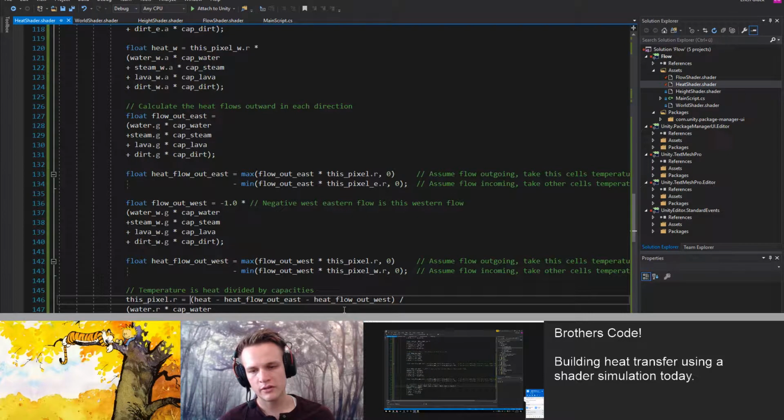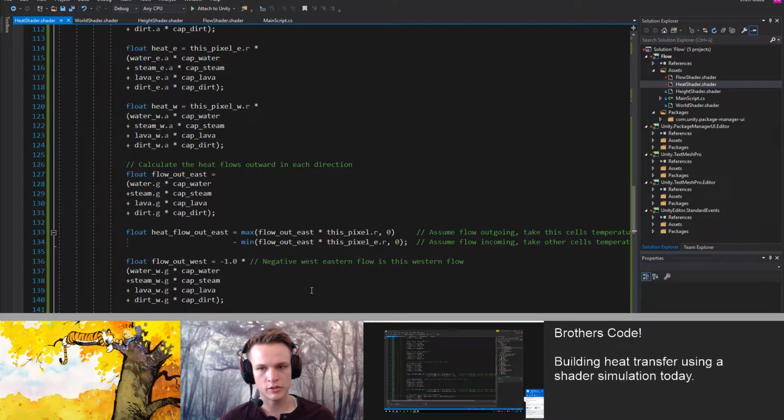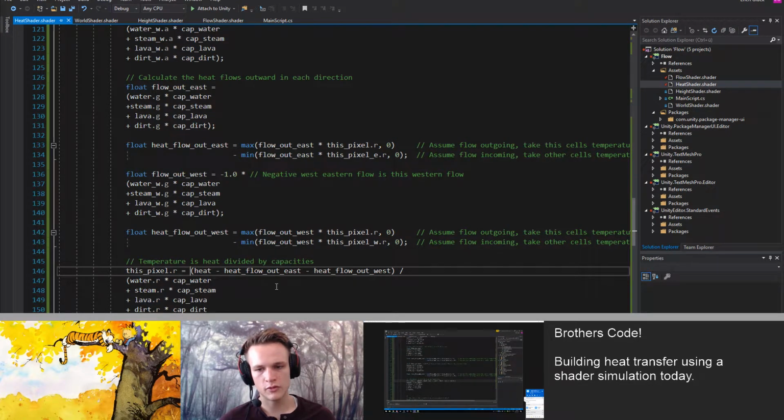Well, okay, so here's a question then. Heat is computed with the old capacities and temperature, and the thing it's being divided by is the new capacities and temperature. Or I mean the same capacities, but it's the new total capacity.